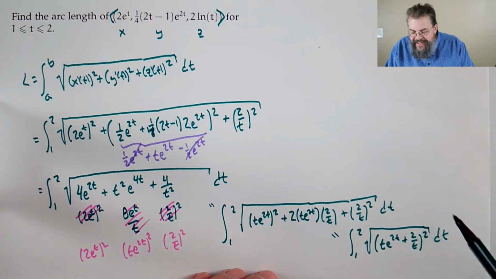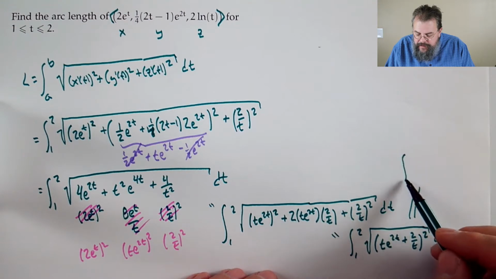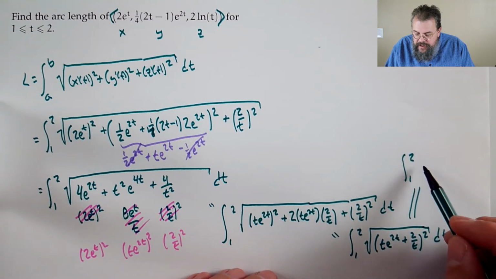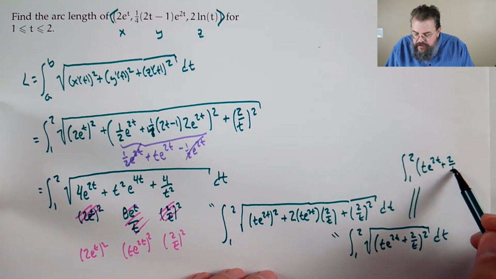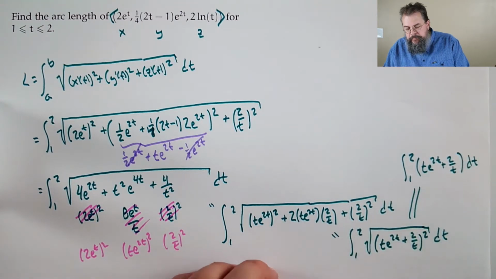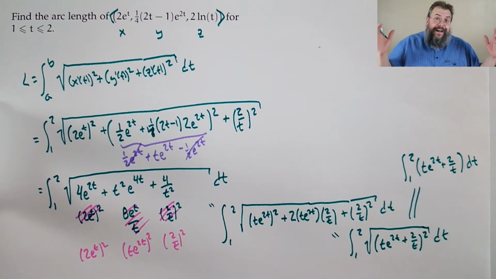No concerns here. So that gets us to this point. We need to integrate from 1 to 2 of te to the 2t plus 2 over t dt. Okay, now, how do we integrate? Now you're probably thinking, we're going to have to pull out our integration by parts, and we're going to take a few minutes here, because it's been like a year since we've done integration by parts.